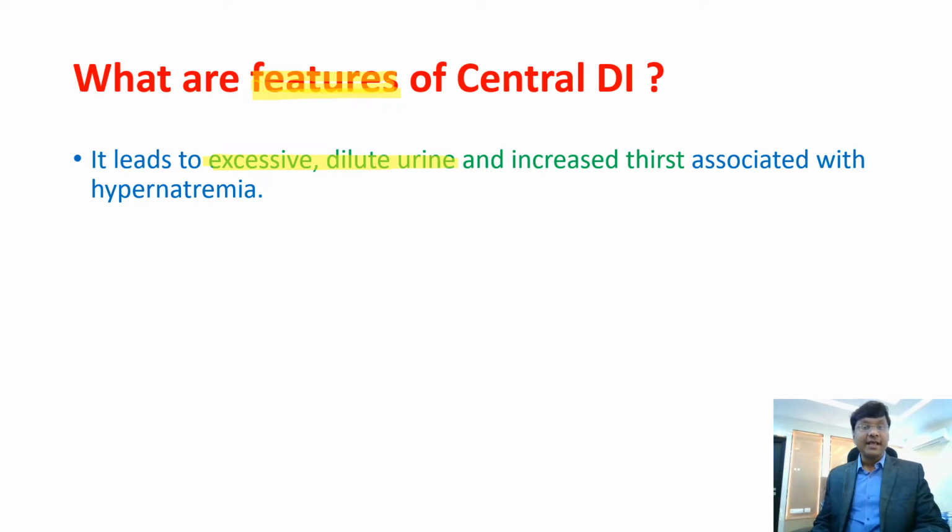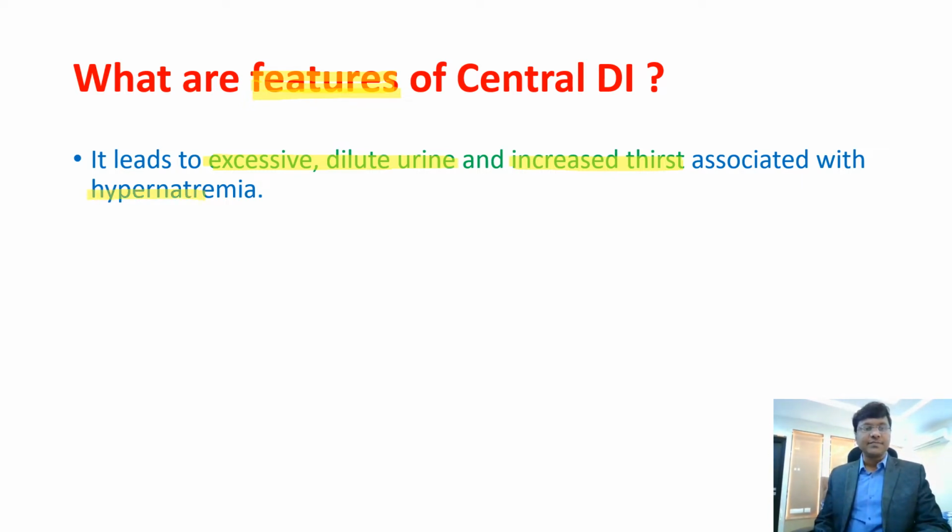And what will happen to the serum osmolarity when excess urine is excreted out? The serum osmolarity is increased, and that is the reason why the individual will have increased thirst. Because once there is increased serum osmolarity, that will stimulate the thirst center in the hypothalamus, and thereby the individual will have increased thirst.